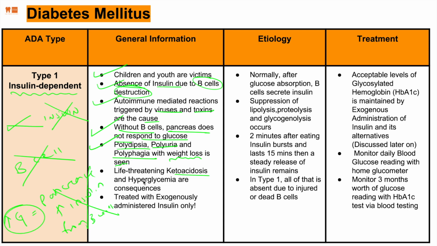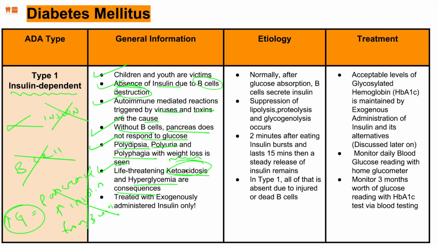Life-threatening ketoacidosis and hyperglycemia are also consequences. What is ketoacidosis? Basically, what our body does is it tries to get rid of the glucose, but the kidney fails to do so. And ultimately, the blood becomes acidic and ketone bodies are released.